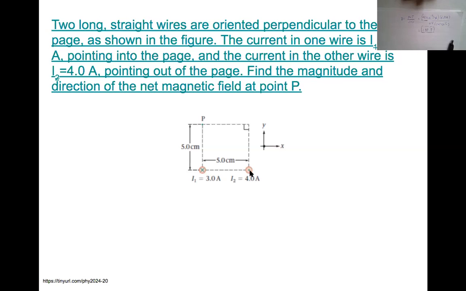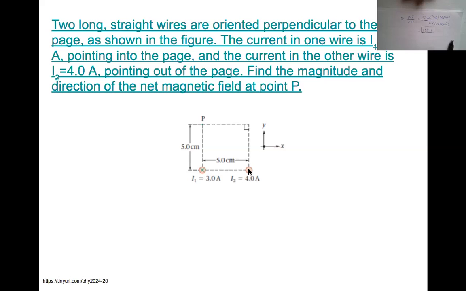One wire carries the current going into the screen, so you see the backside of an arrow going away from you. The other wire on the right carries the current that goes out of the screen towards you, so you see a dot. Imagine these are two wires perpendicular to the screen, each carrying a current.